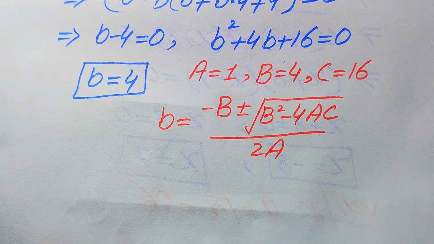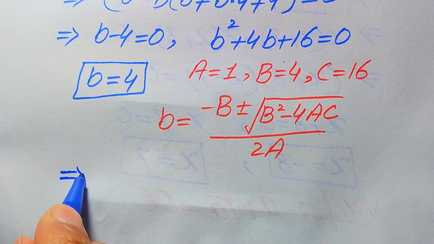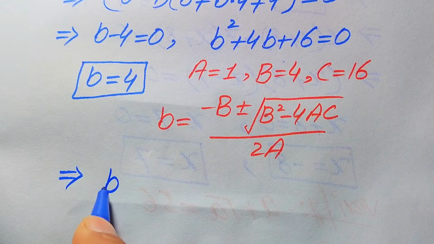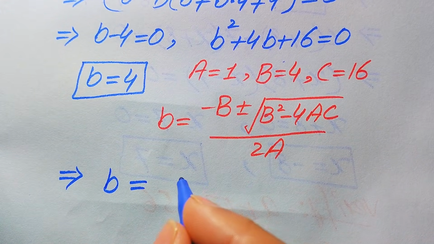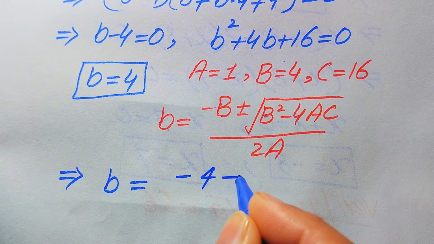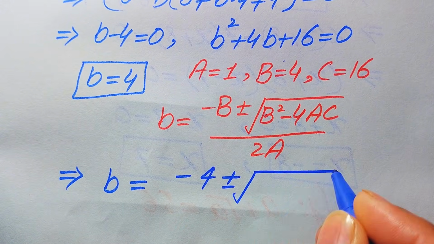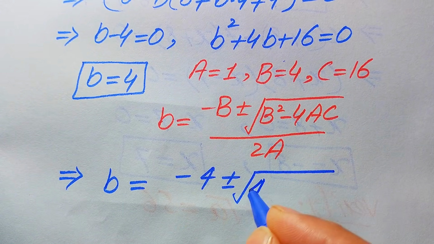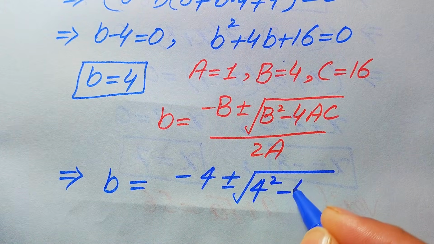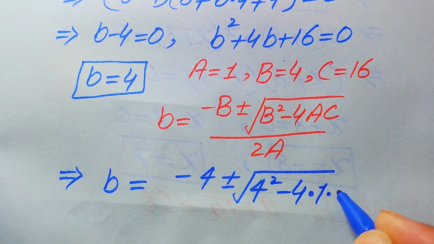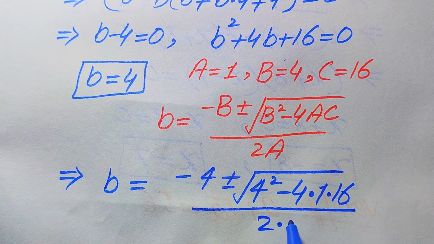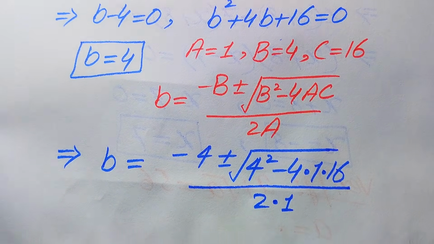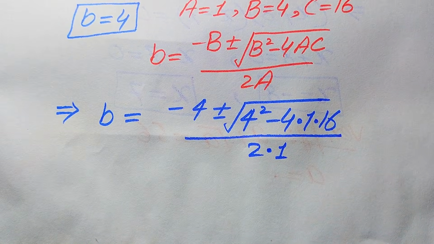So this is our quadratic formula, and here we substitute all the values of a, b, and c in this formula, and it will be written as b equals minus b, the value of b is minus 4, plus minus square root of B squared, the value of B is 4 squared, minus 4 times a which is 1 and c which is 16, divided by 2 times a, and here our a is equal to 1.